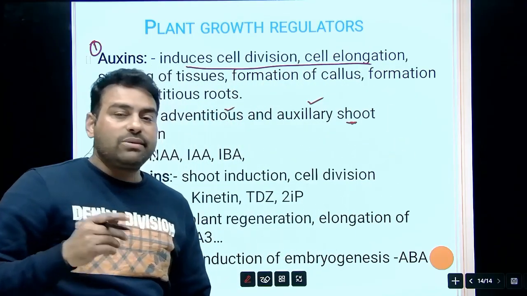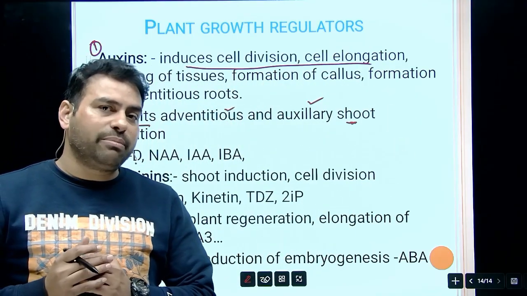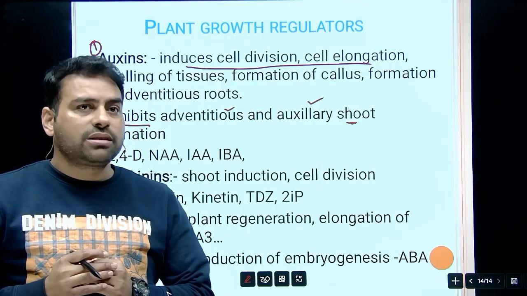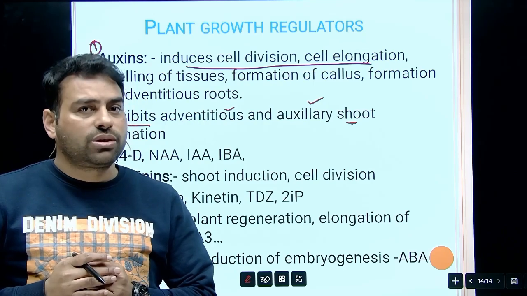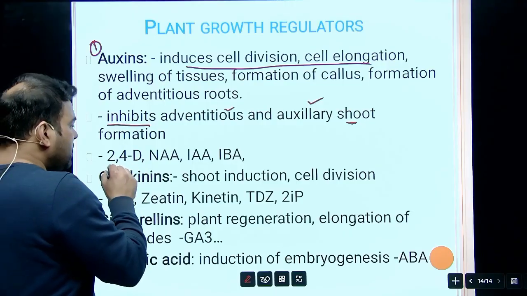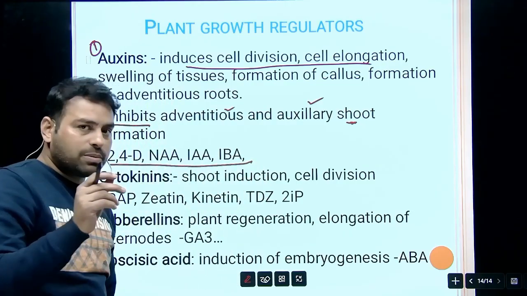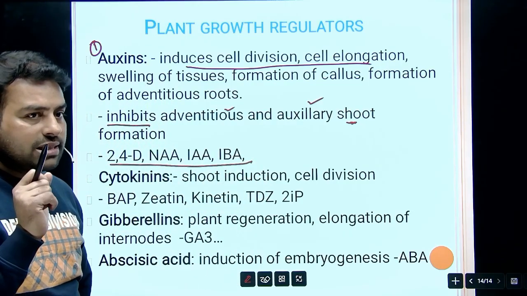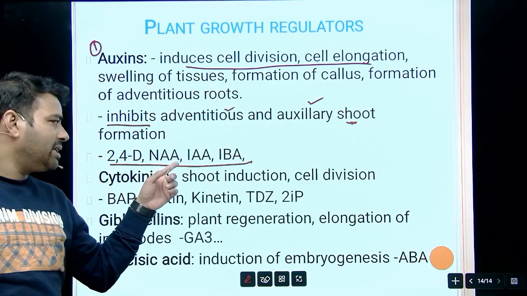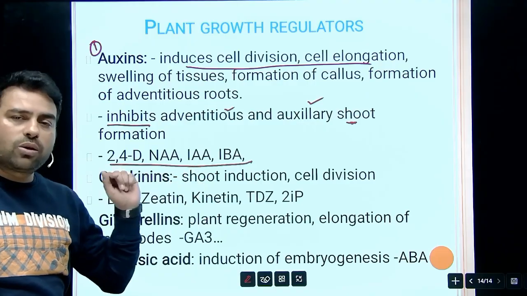If a question comes in an examination of plant tissue culture, what are the major works of auxin, and the options are available, root formation is the right answer. For tissue culture purposes, some specific kinds of auxins we are using, that is 2,4-dichlorophenoxyacetic acid, naphthalene acetic acid, indole acetic acid, and indole butyric acid.